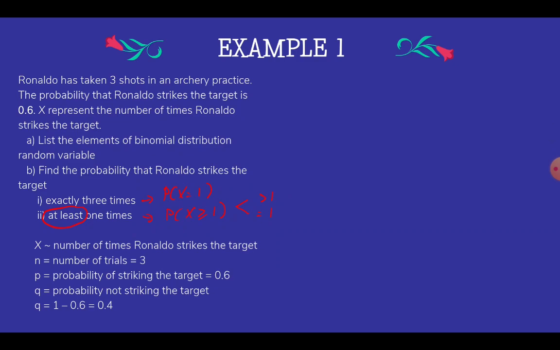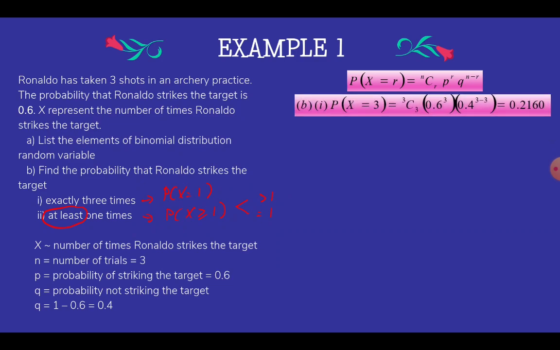So we know that in order for us to find the probability, we need to use this formula: P(X = r) equals nCr times p to the power of r times q to the power of n minus r. For B1, sorry, this is not 1, this is 3 times, so X equals 3.